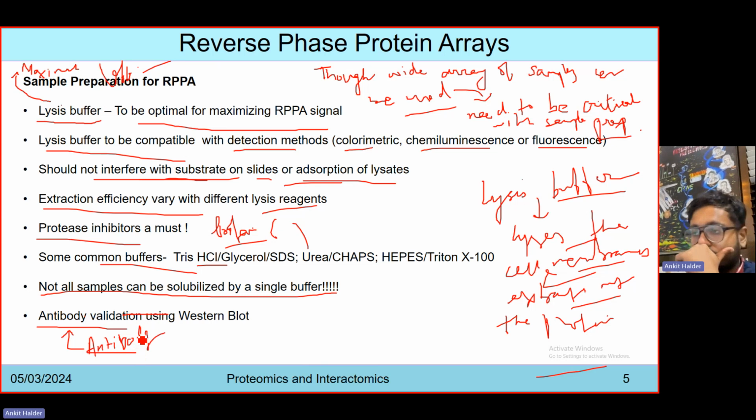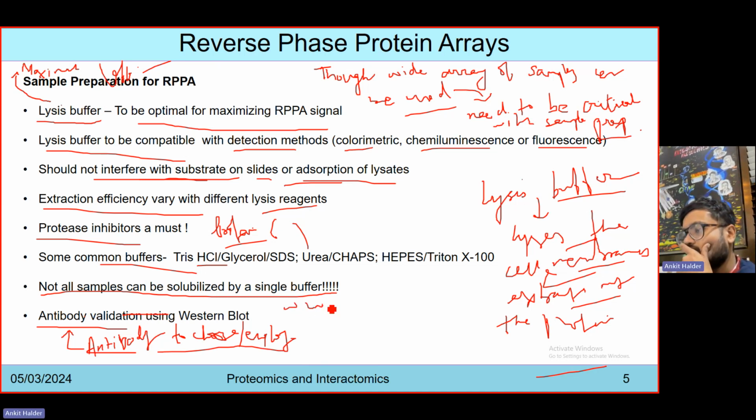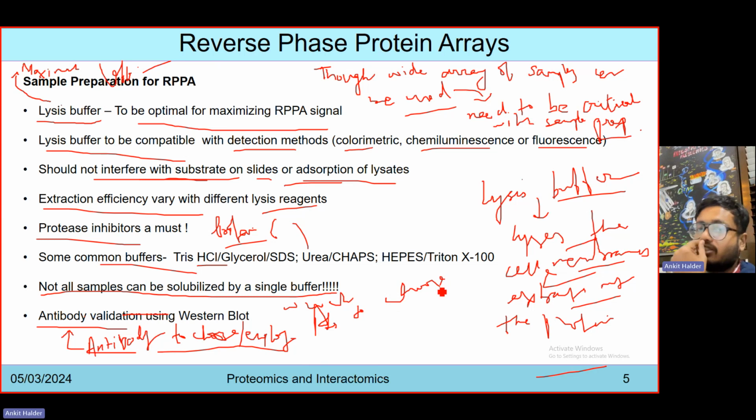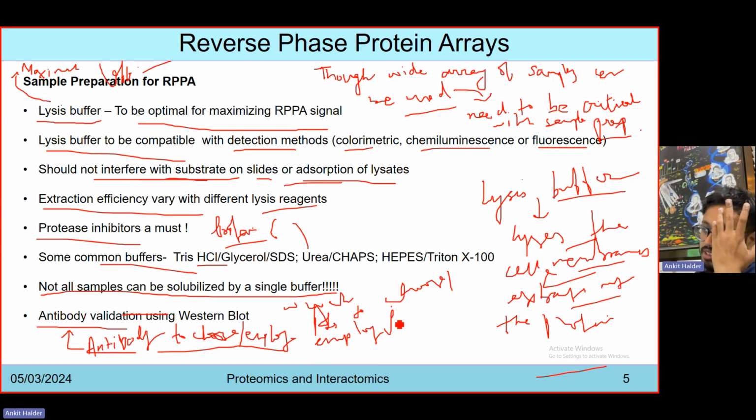If we say antibody validation using Western blot, which antibodies to choose or employ in an RPPA experiment?